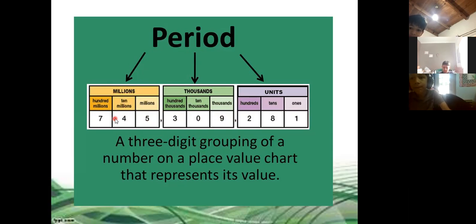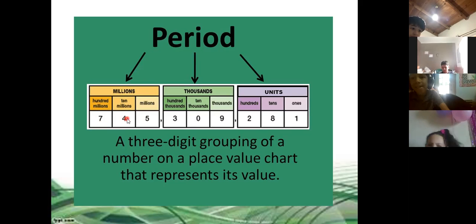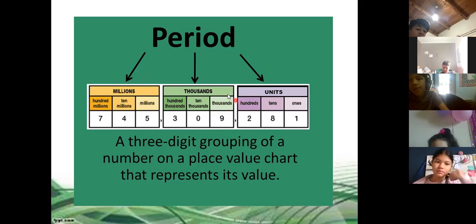So this number, as you were saying, we read it 745 millions, because they are in the period of the millions. 309 thousands, because they are in the thousands. 281. That's the way that we read this number.